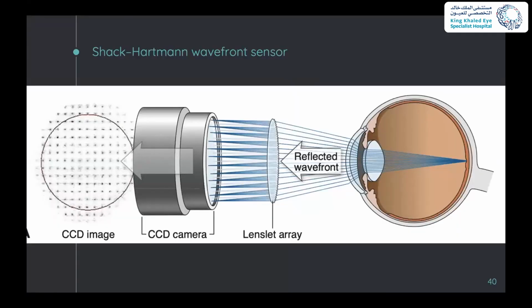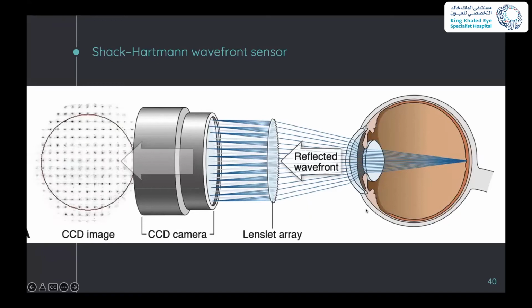One of the methods to detect wavefront is the Hartmann wavefront sensor. The idea is shining a light into the eye, and we record the reflected wavefront. It gives us an idea about the aberration of the whole optical system.